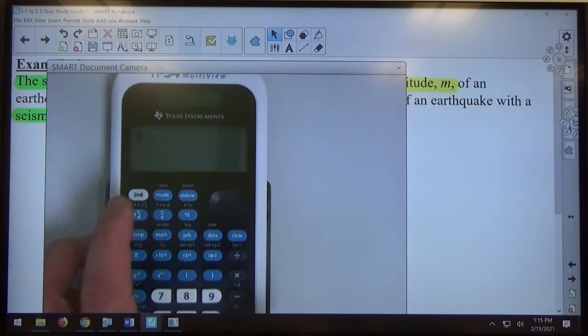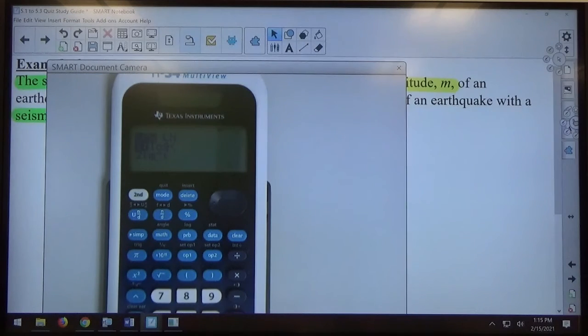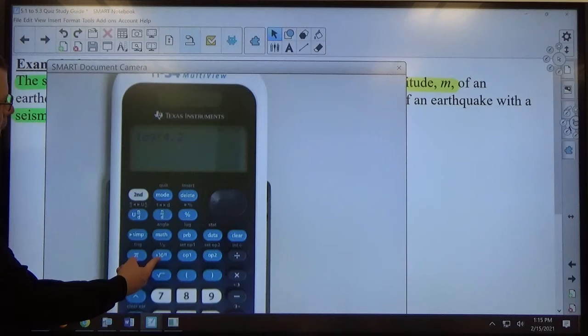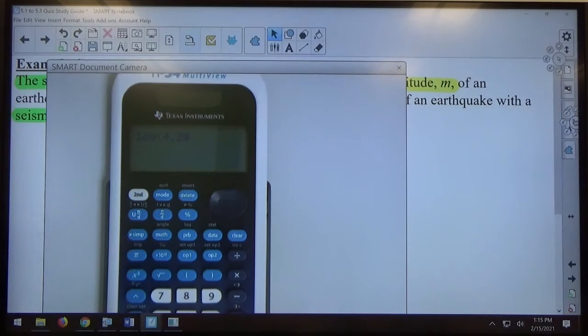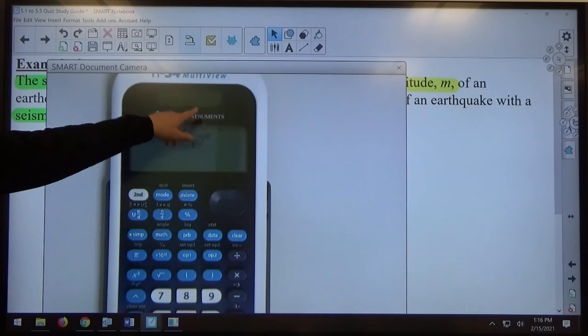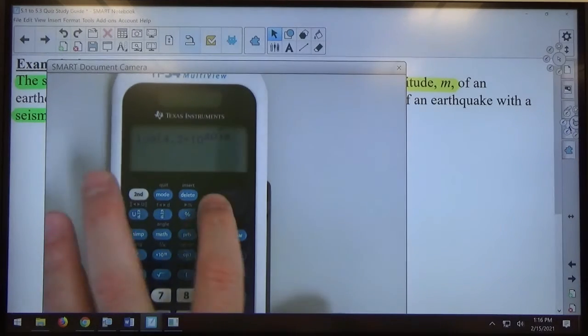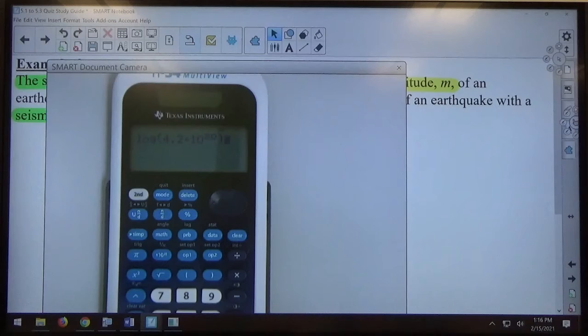I hit the second key and press PRB to bring up the log menu. I choose log. It was 4.2, so I punch in 4.2. Then the button I'm going to press is this times 10 to the n. I'm not going to press the times button, just that button all by itself. It's times 10 and it wants a power, and we want the 20th power. We put it in parentheses and hit enter. 20.62324929.